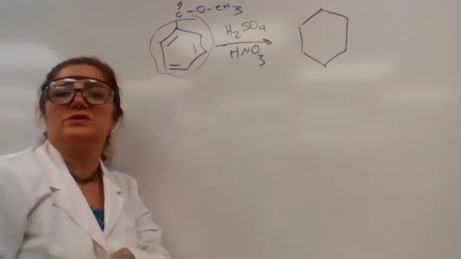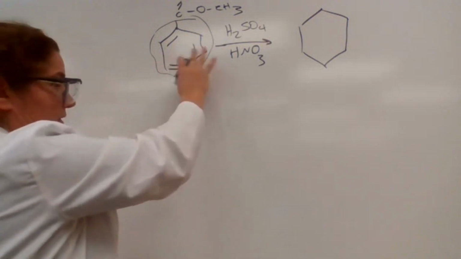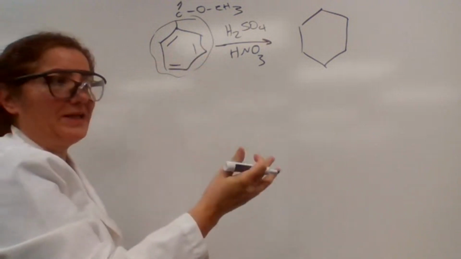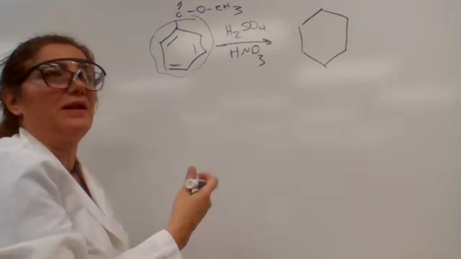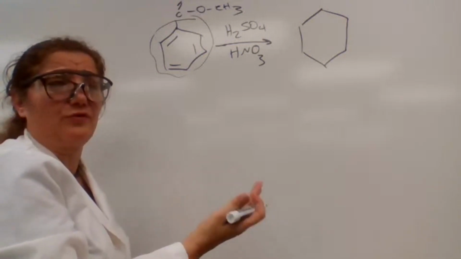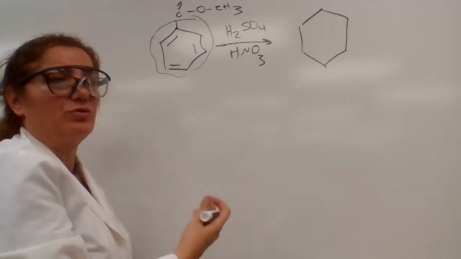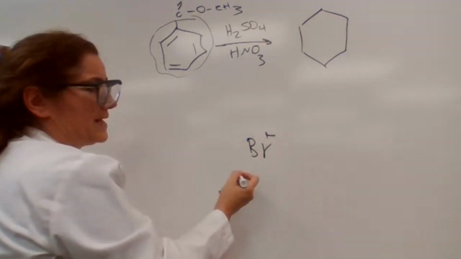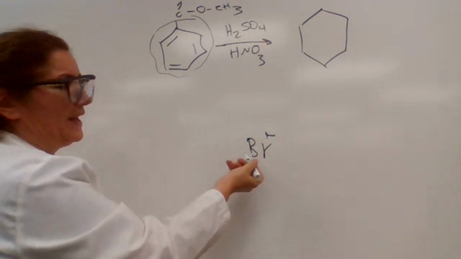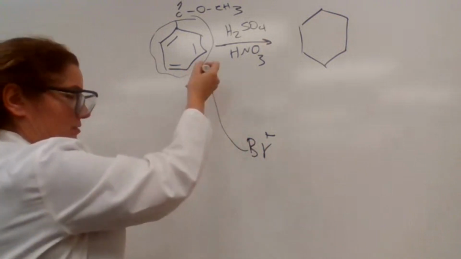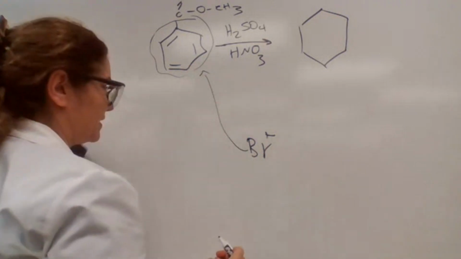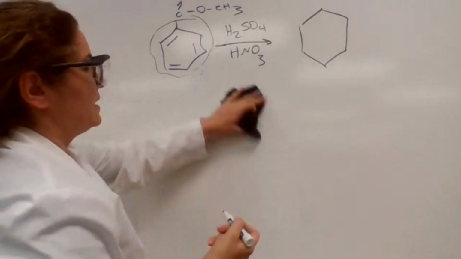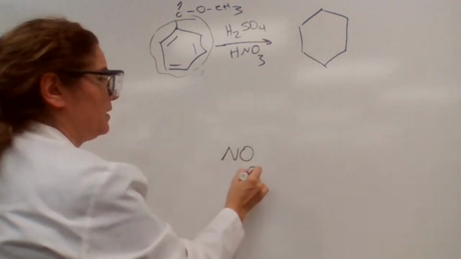Otherwise, it is not going to react with it. Like for simple bromination, it is not going to react unless you add ferric chloride or ferric bromide as a catalyst to change the bromine to Br plus, and then Br plus as a very strong electrophile can actually attack the benzene ring. In this case, it is going to be NO2 plus.